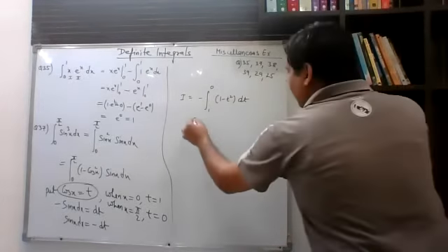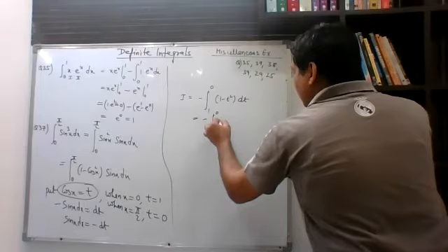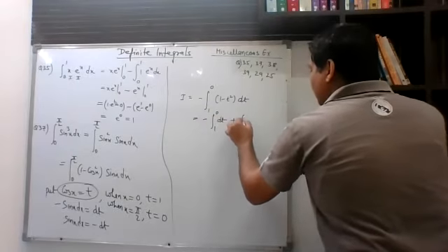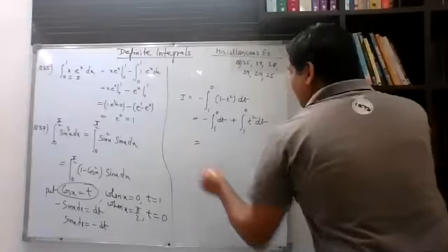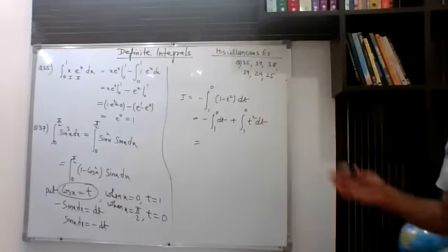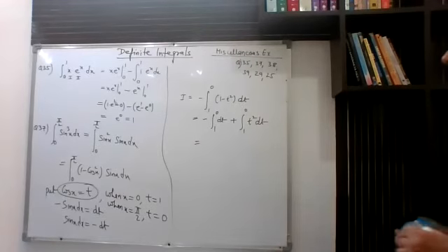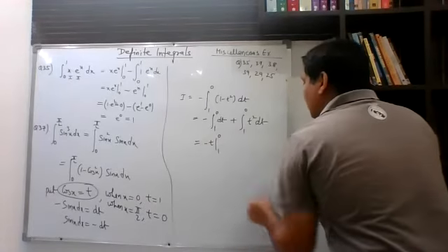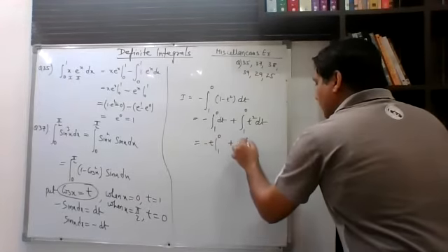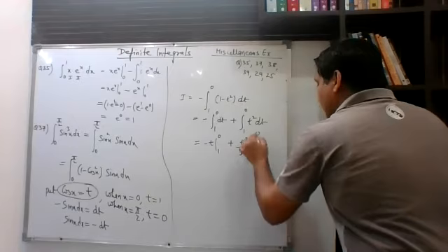This can be rewritten as minus the integral from 1 to 0 of dt plus the integral from 1 to 0 of t square dt. Let us integrate them separately and then substitute the limits. When you integrate, it will become minus t, limits running from 1 to 0, plus t to the power 3 upon 3, limits running from 1 to 0.